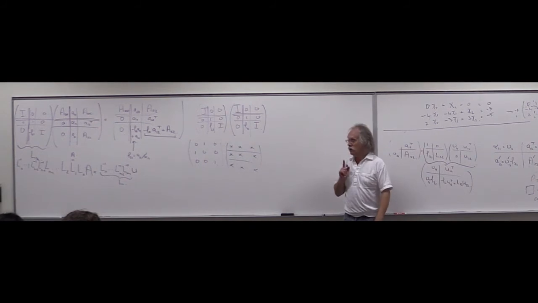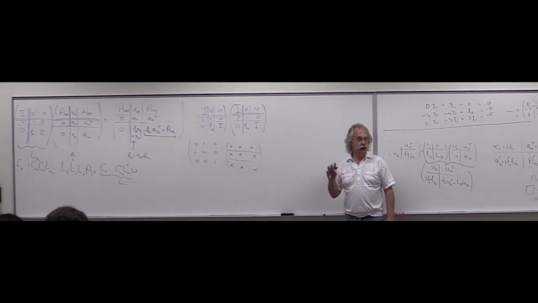And this is where the Gauss transform formulation of LU factorization makes it a little bit clearer what really is going on. Okay?